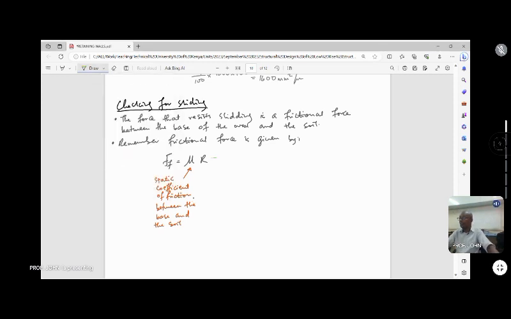And R in this case, of course, we know that this was the reaction, which is a force.